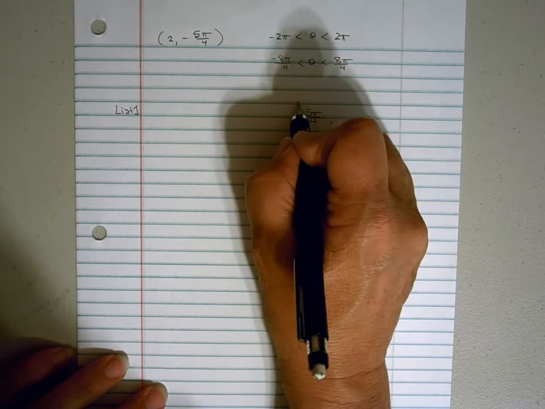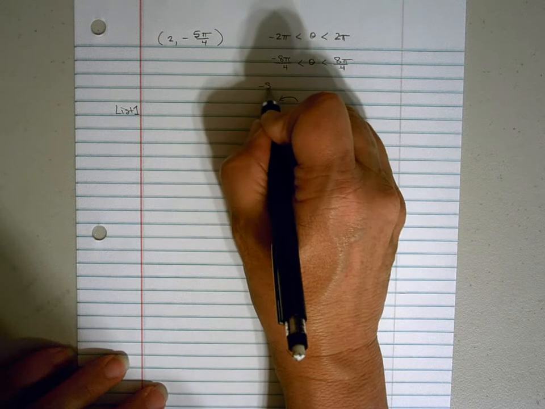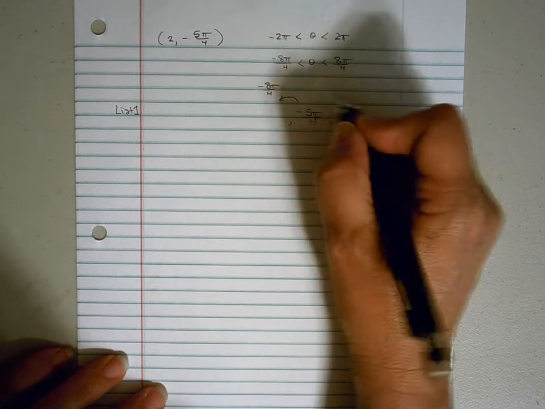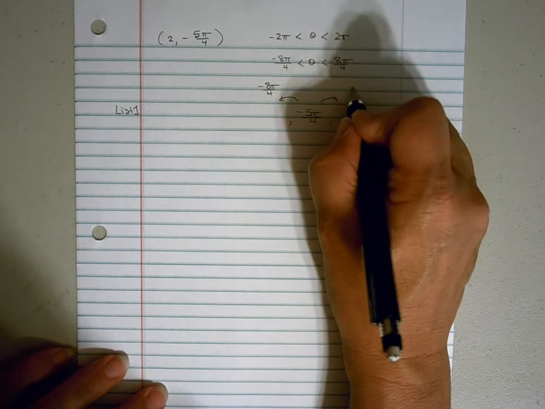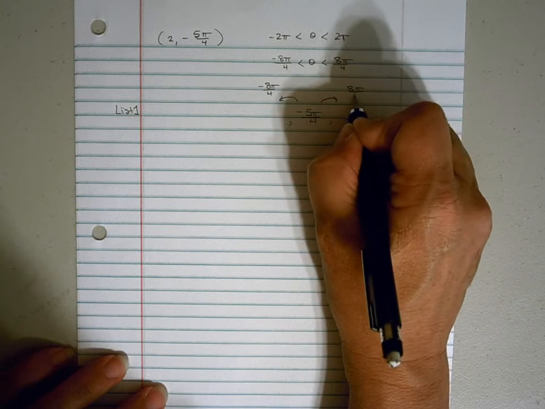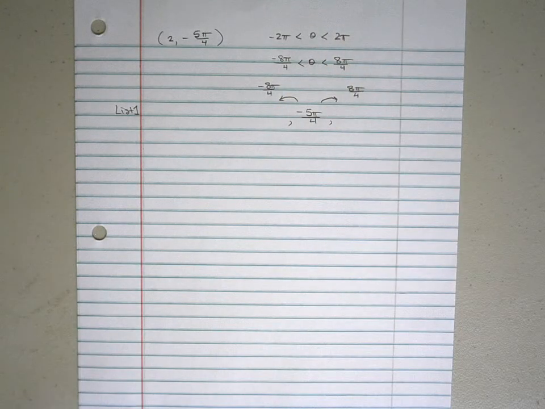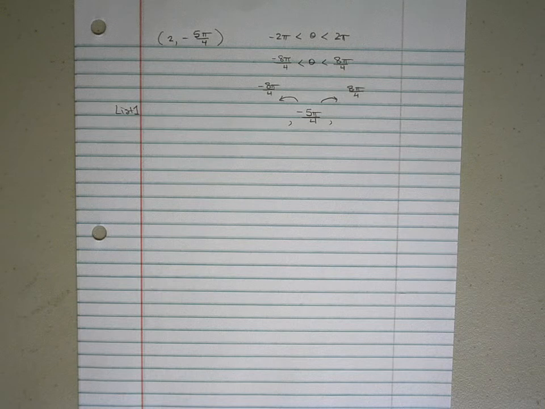So I'm going to subtract negative 8 pi over 4 and add 8 pi over 4. Again, really I'm just adding and subtracting 2 pi. And I'm doing that to find coterminal angles.